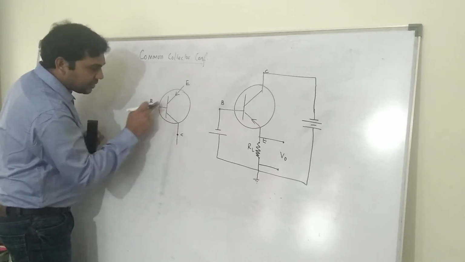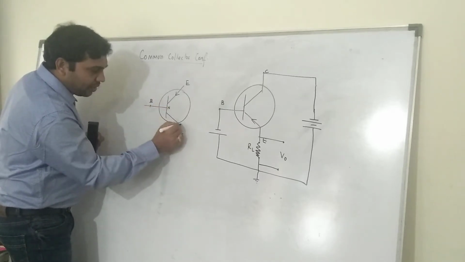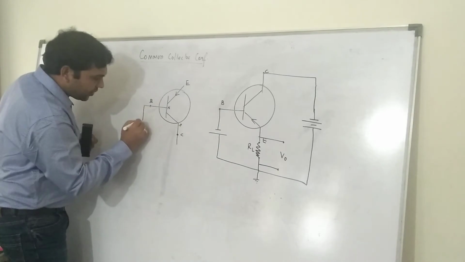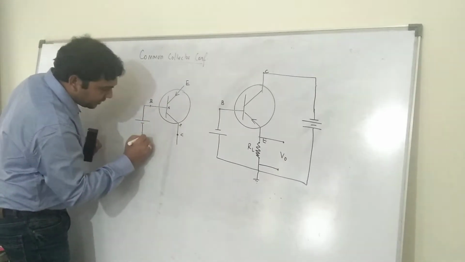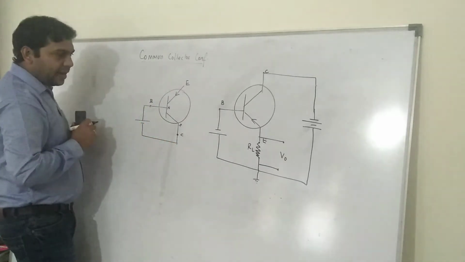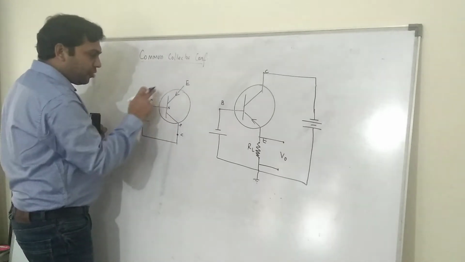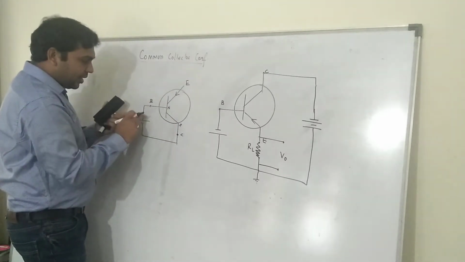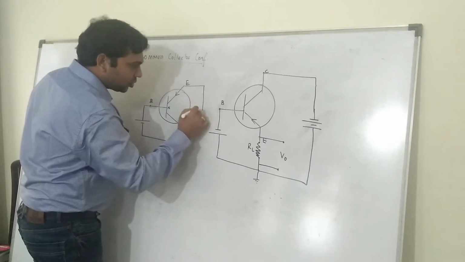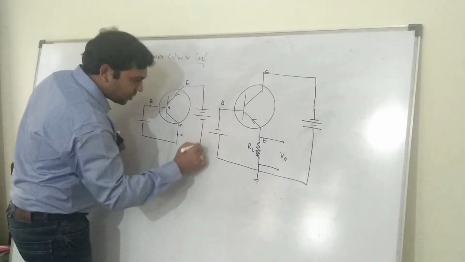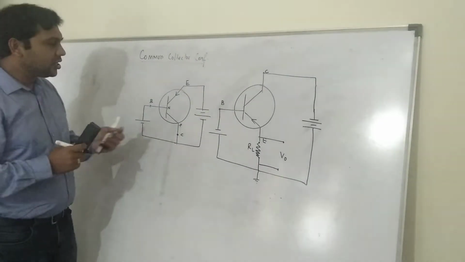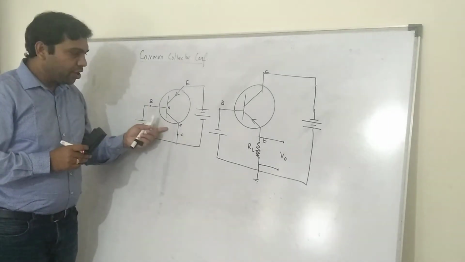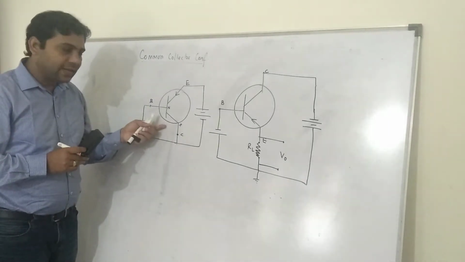So this is P, this is N, this is N, this is P, so make it positive like this. Since the emitter-base junction has to be in forward bias, N is already positive, so make P more positive. Put some bigger battery here. This is how you can draw the circuit diagram of common collector configuration.